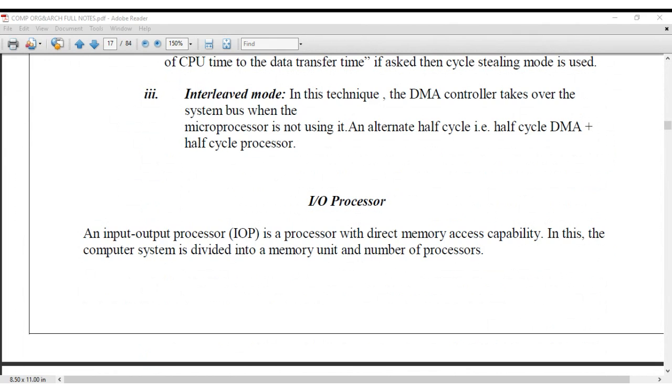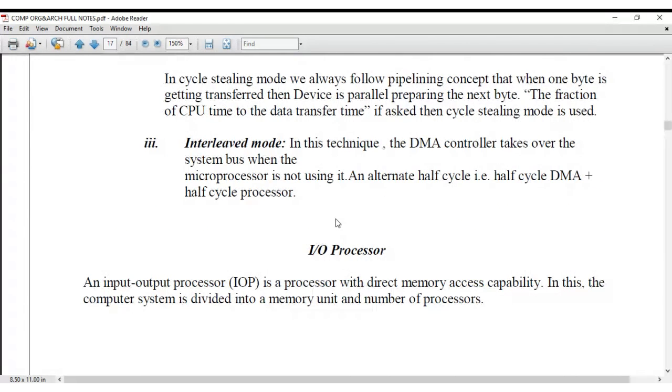So we moved from IO modules, where we said that input output devices need a what? An interface. All right. Then we went to IO transfer, where we looked at how input and output devices transmit signals to and from the CPU, right? Where we looked at the three kinds of transfer methodologies or modes. Then now we are at IO processor.